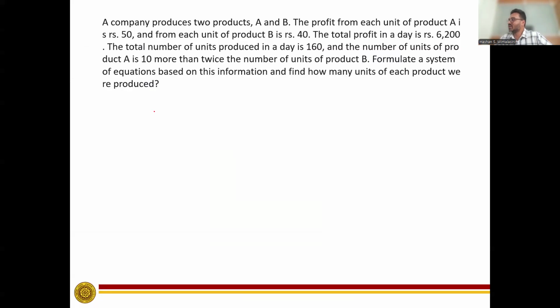So in here, a company produces two products, A and B. Profit from each unit of A is 50 and B is 40. Likewise, when you are reading the question you have to note down because you have very limited time. I'll show how to extract information and make the equation.